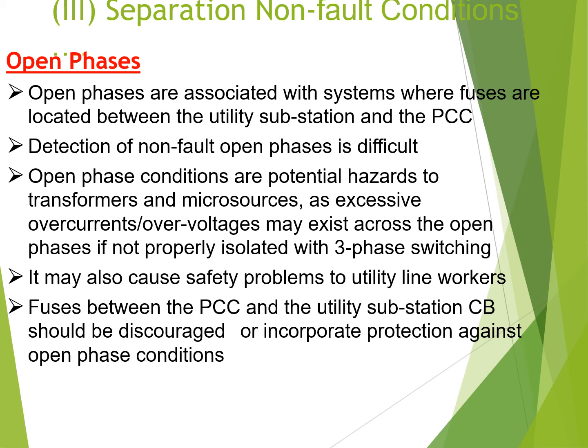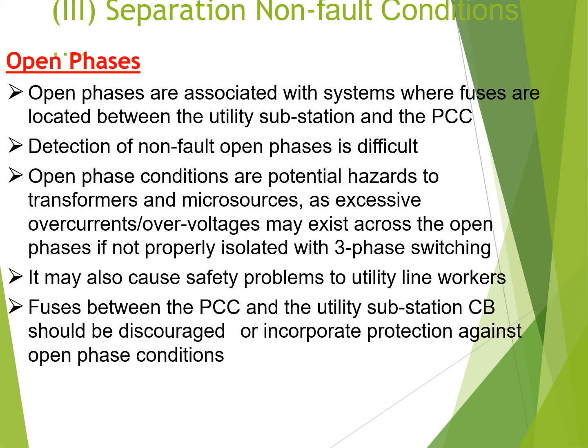So it's better if we avoid fuses between utility and PCC. And the second point is that detection of non-fault open phase is difficult. As we know, if an open phase occurs due to a fault, it's easy to detect. But if it's due to a non-fault condition, it is difficult to detect.